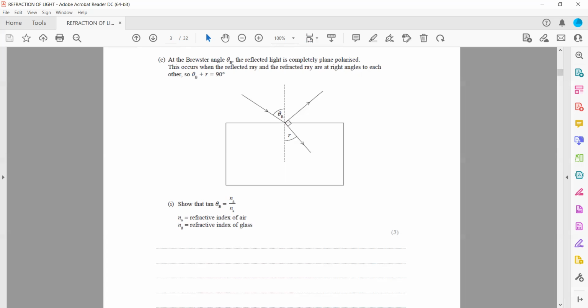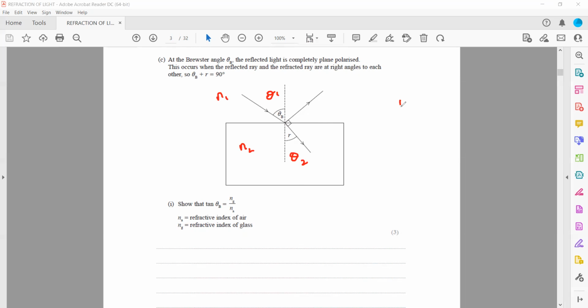So we have the formula n1 sine theta 1 equals n2 sine theta 2. The refractive index of medium 1 is n1 and the angle in medium 1 is theta 1. The refractive index of medium 2 is n2 and the angle in medium 2 is theta 2.